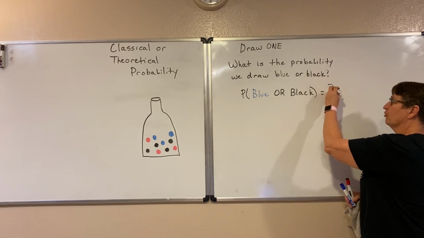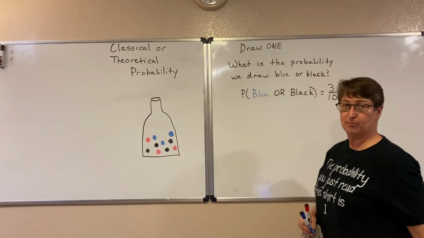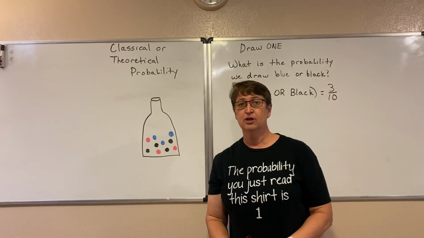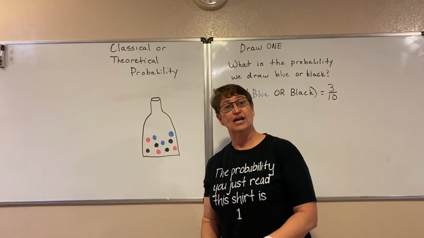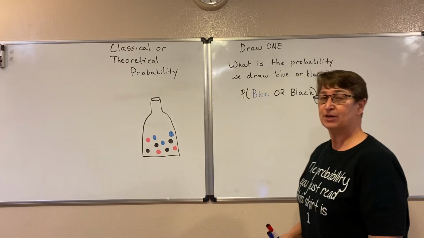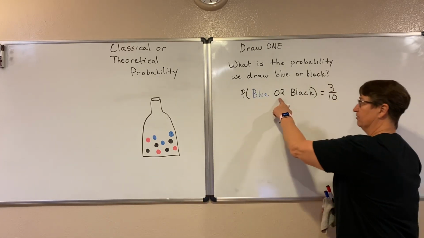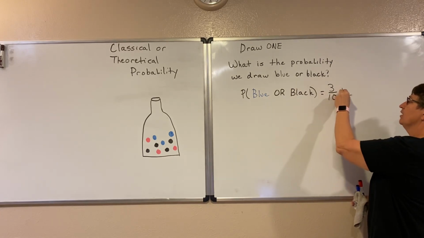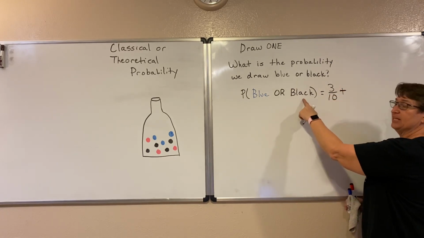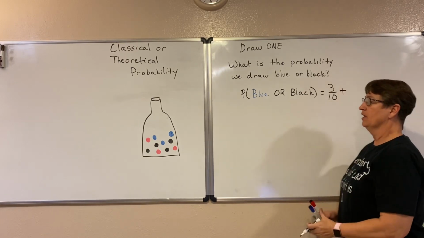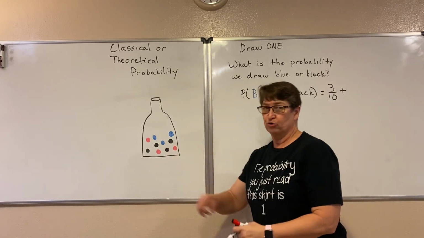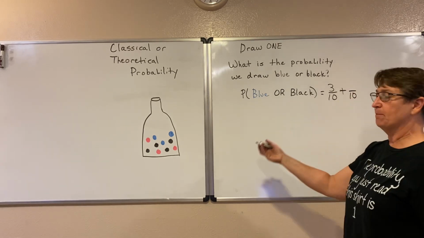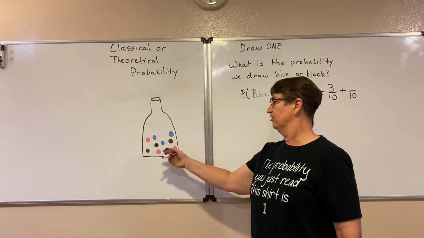That or, remember when we're talking probability, from our probability rules lecture, tells me that I should add. So I'm going to add my probabilities. Then I'm going to look for the probability that I get a black. And again, my total number goes on bottom. And then I look to see how many blacks there are in the urn.